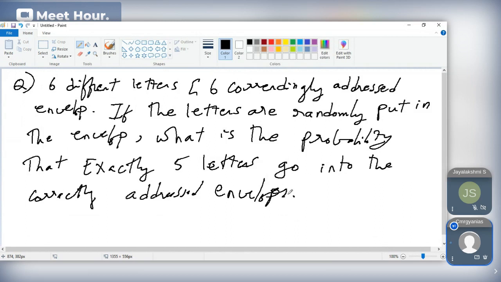What is the probability that exactly 5 letters go into the correctly addressed envelope? So you also try to solve this question.